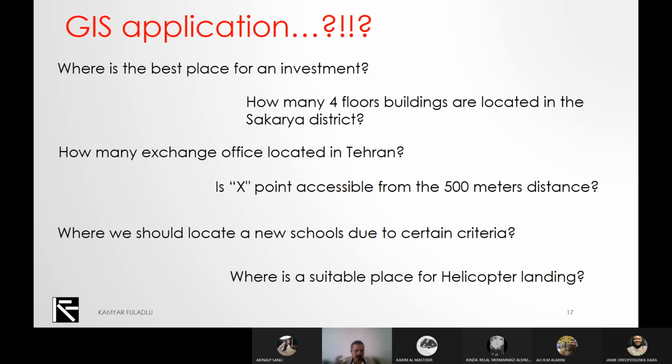So you need to know which one is the road with the least traffic, which one is the fastest, which one is the most secure. So all these and many, many other things could be done inside the GIS application.